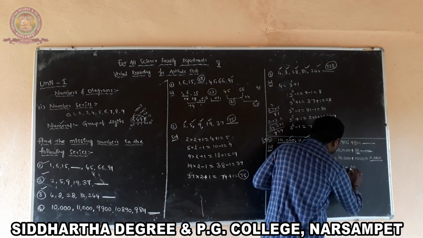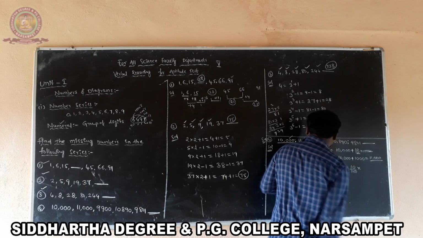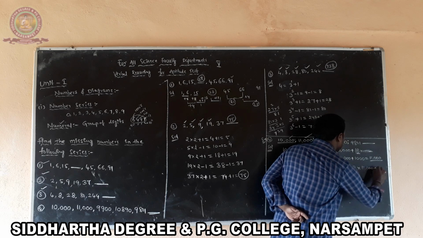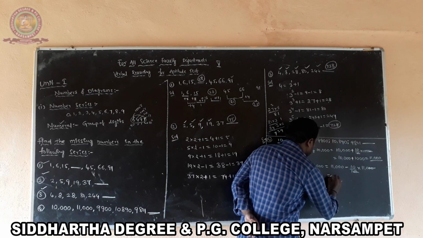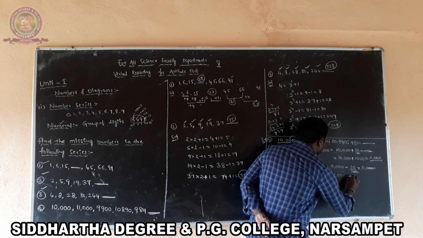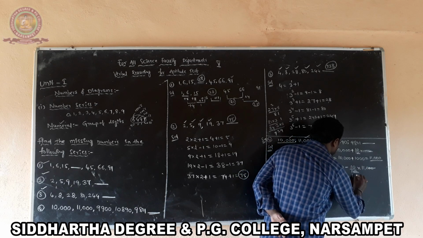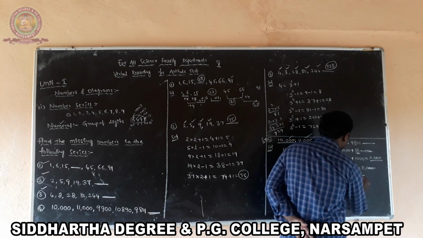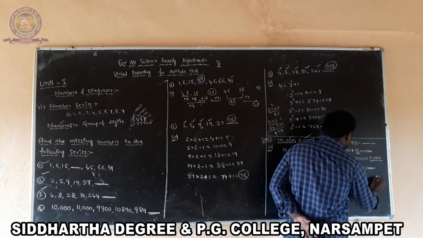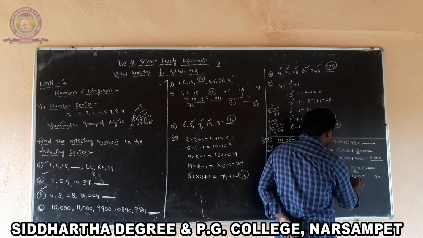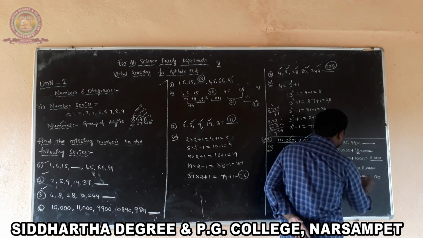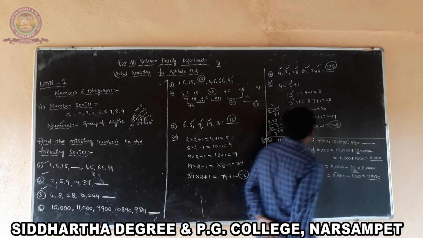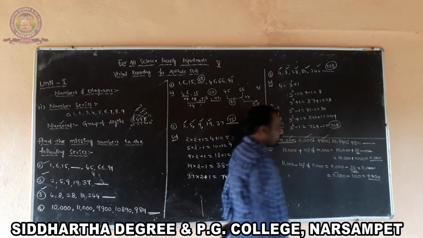Percentage means divided by 100, into 11,000. So these two zeros get cancelled. That is 11,000 minus 10 into 110, that is 1,100. So 11,000 minus 1,100. So 0 minus 0, 0, 0 minus 0, 0. Here 1, we are taking 10, 10 minus 1, that is 9. So that is 9,900. So this is the next term.